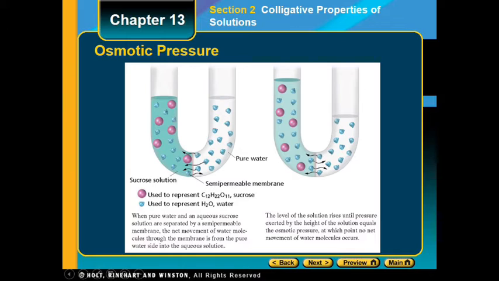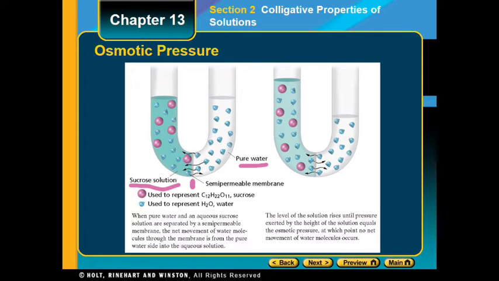So we had mentioned Raoult's law earlier in section 1, so we're going to bring it up again here. As I look at these two, on the left you have a semipermeable membrane in place right along here. You have pure water on the right side, and then you have a sugar solution on the left side.